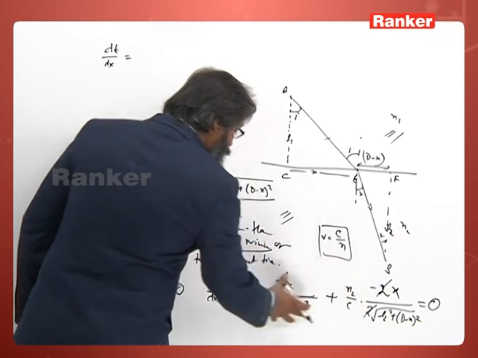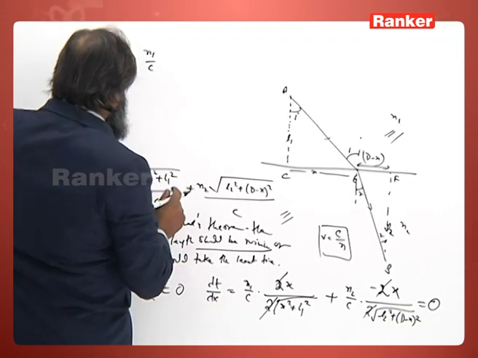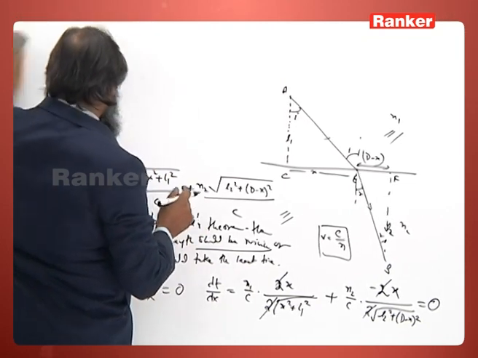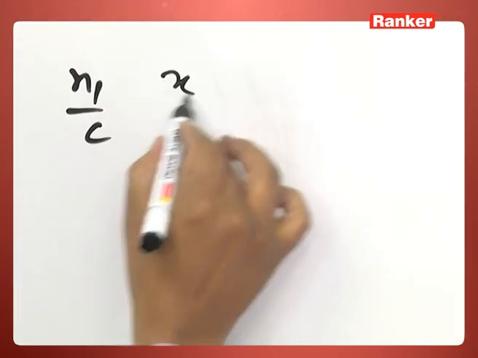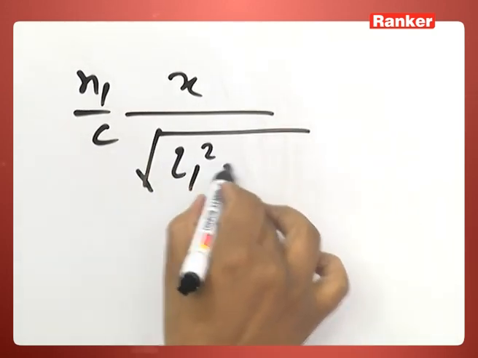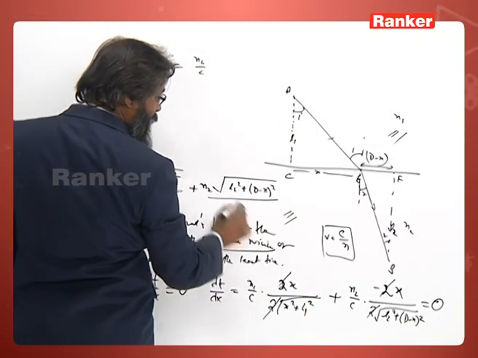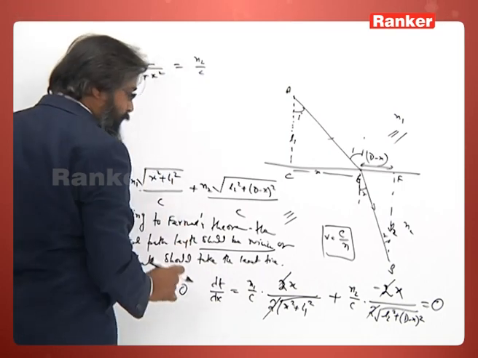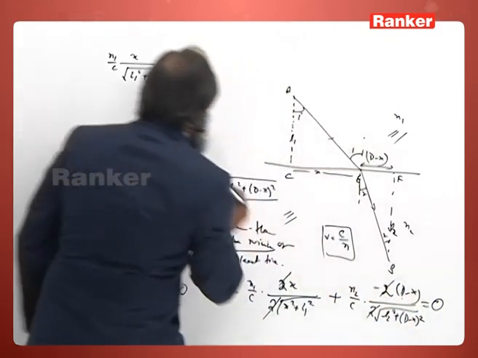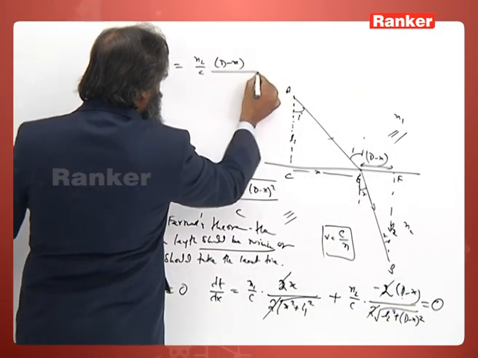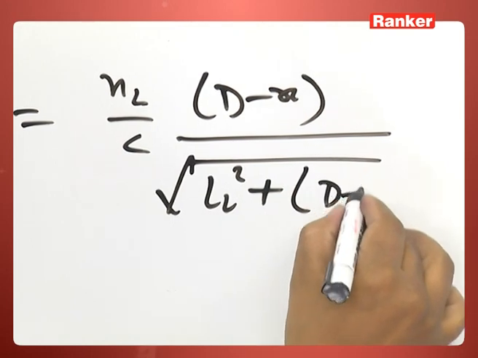So when this is equal to 0, we have n1 by c times x upon root over L1 square plus x square equal to n2 by c times d minus x upon root over L2 square plus d minus x whole square.